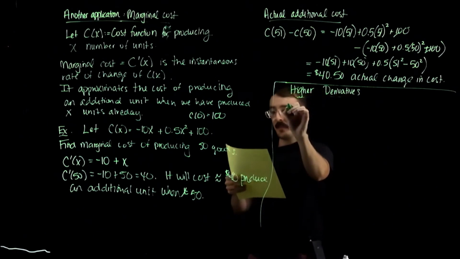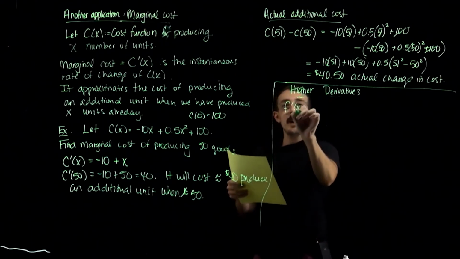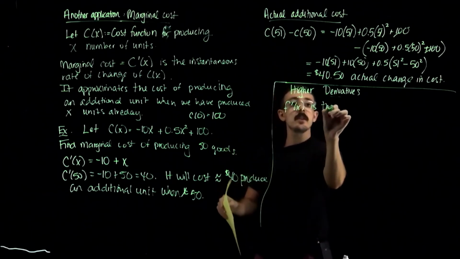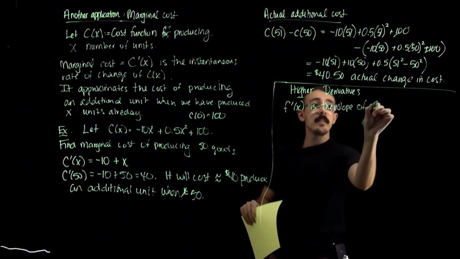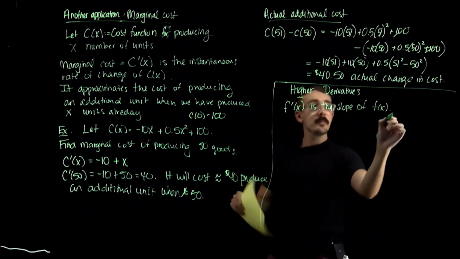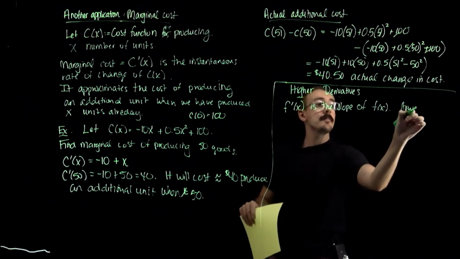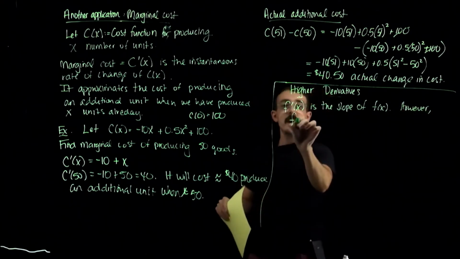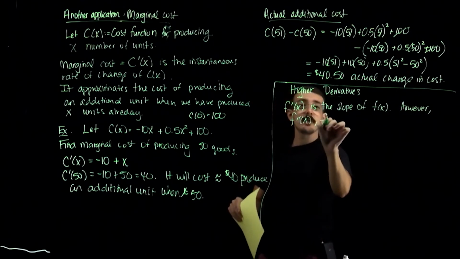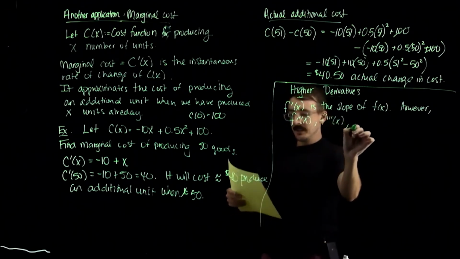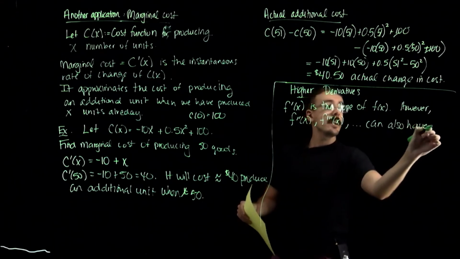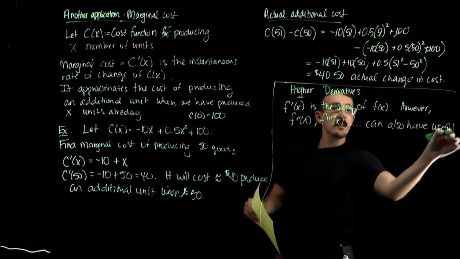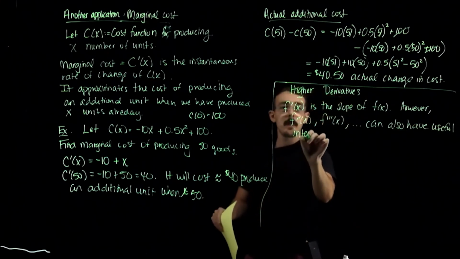So f prime of x is the slope at any x value of f of x. However, f double prime of x, f triple prime of x, and so on can also have useful interpretations too.